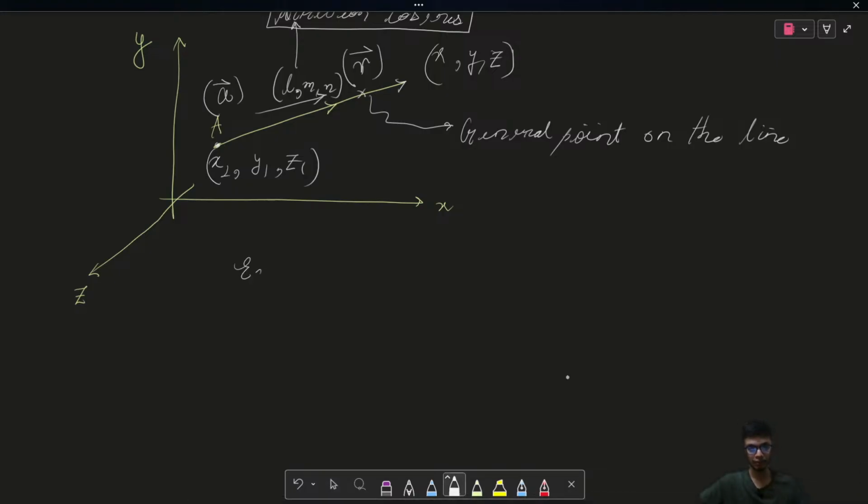My aim is to derive the equation of this particular straight line in 3D space. Alright, so let us see how we can go about doing this. Let me first discuss the vector form.